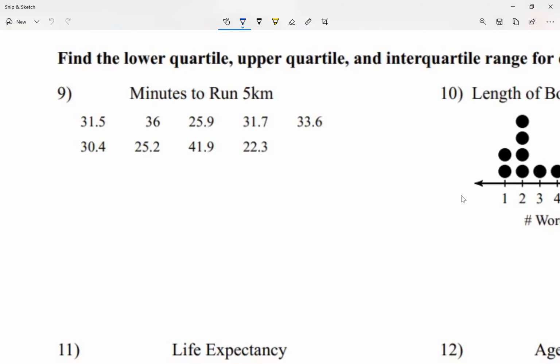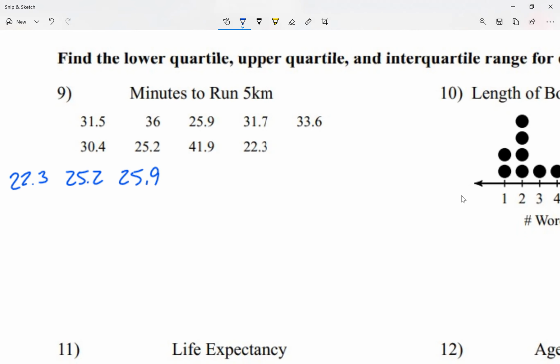So the smallest number is in the 20s. So I'm going to go 22.3. Then I have 25.2, 25.9. Okay, those are all the 20s.